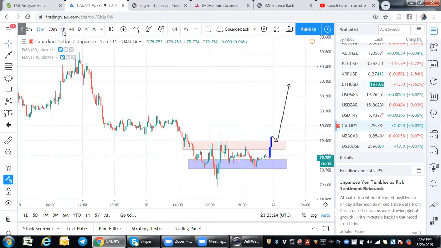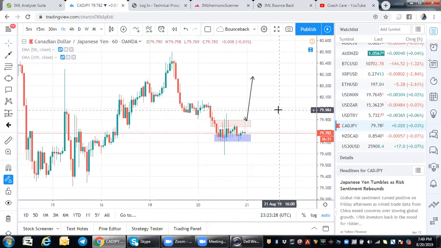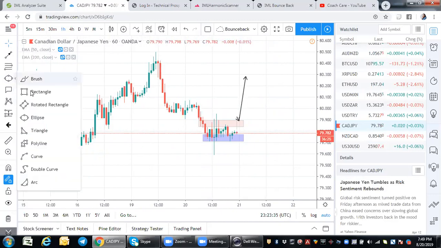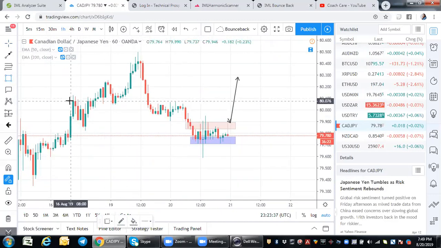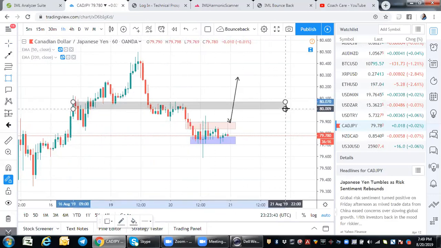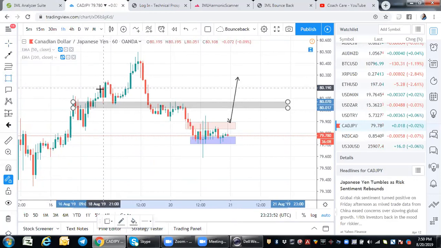Take profit zones. So CADJPY was called on the 1 hour time frame. So let's look at the 1 hour time frame to identify our take profit zones, right? So what do we see? I can see this. A lot of exhaustion starting to happen around here, right? So this will be my first take profit zone, right? And then I also see this.